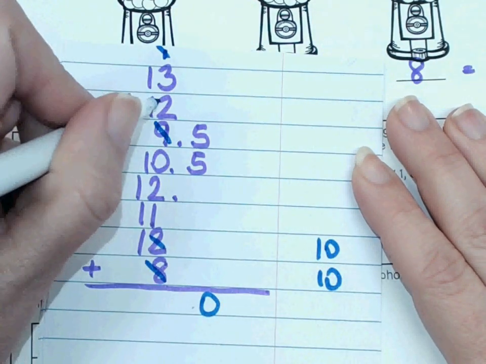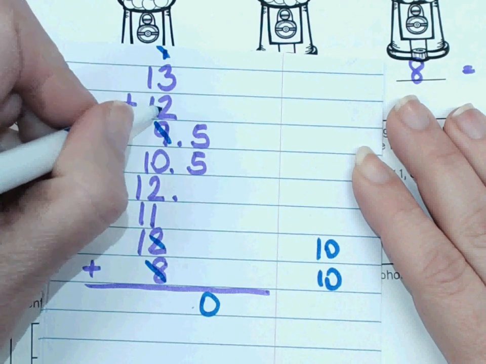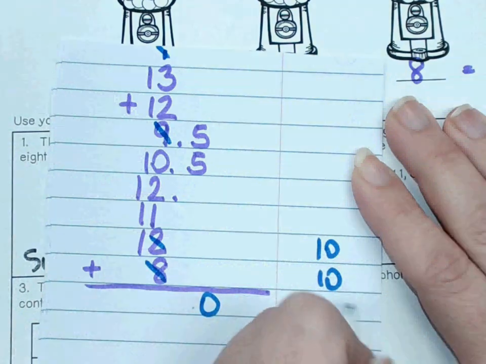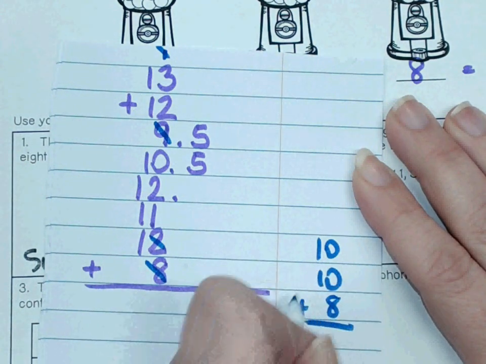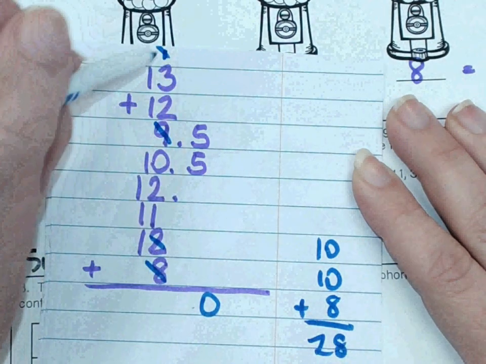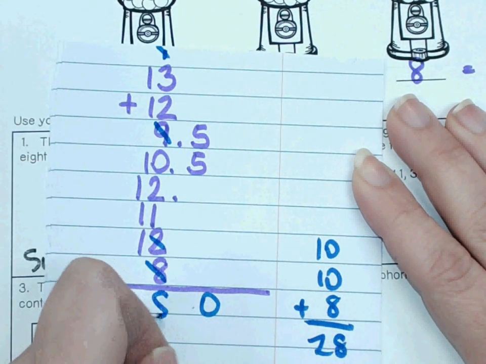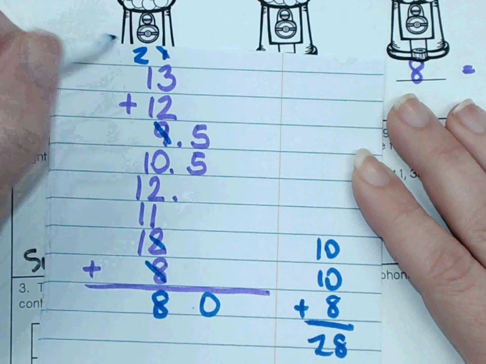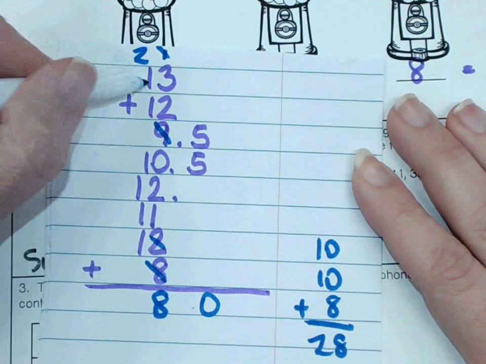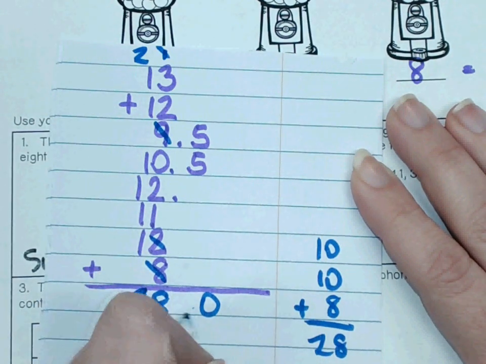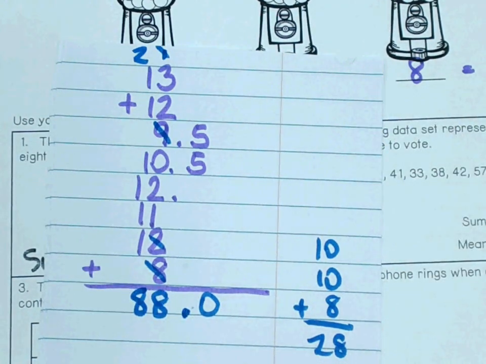And then I have left 3 plus 2, which is 5, 6, 7, 8. So all of this is going to be 28. So that's just this ones column. So I'm going to put the 8 here and carry the 2. And then I can real easily say 2, 3, 4, 5, 6, 7, 8. So the sum of the shoe sizes is 88.